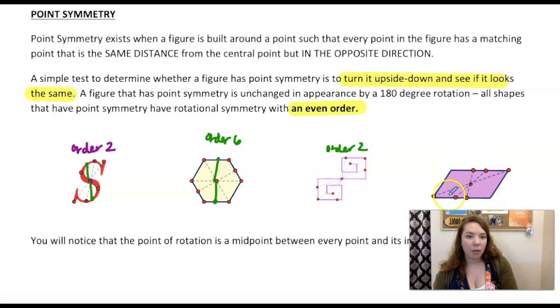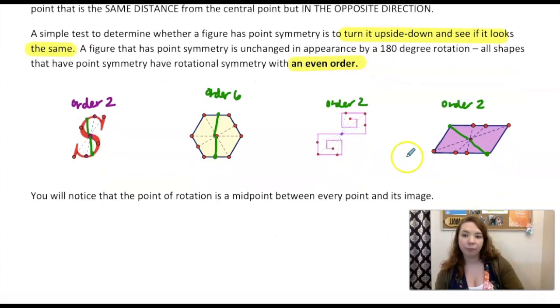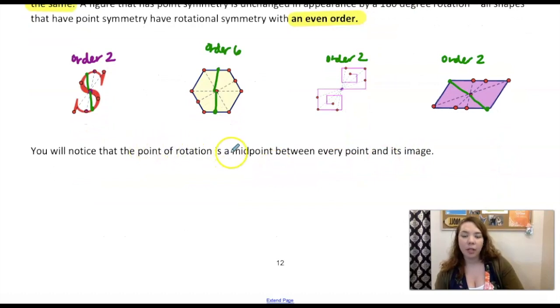And then here, again, we have an order of 2 if I flip it 180 degrees, and then there are infinite points you could use. I could even add one here, but we're just saying that has a special relationship where these are the same distance from the center. You will notice that the point of rotation is the midpoint between every point and its image. So the very center is a midpoint.